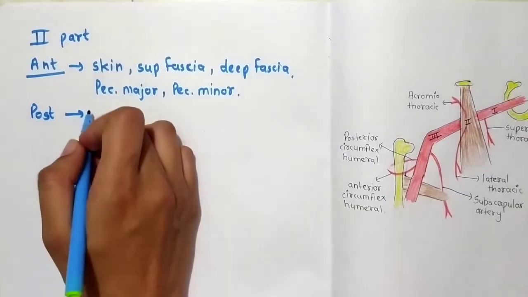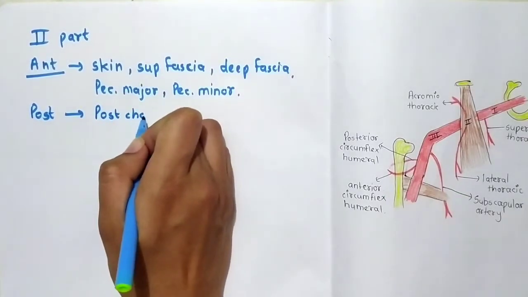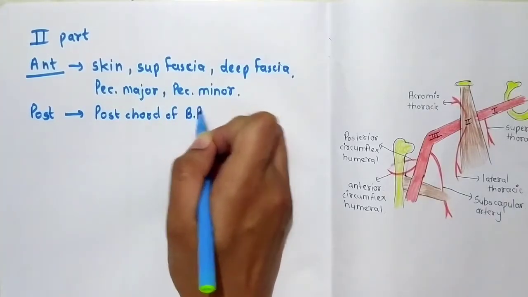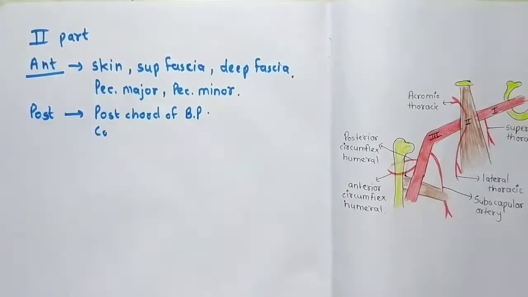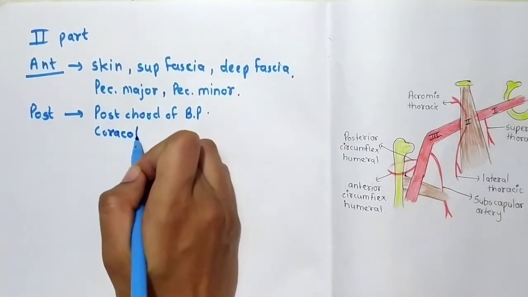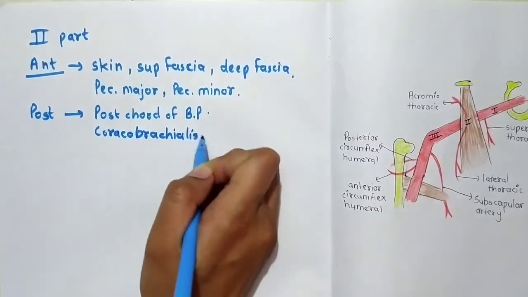In the posterior relation there is the posterior cord of the brachial plexus and one muscle, the coracobrachialis.